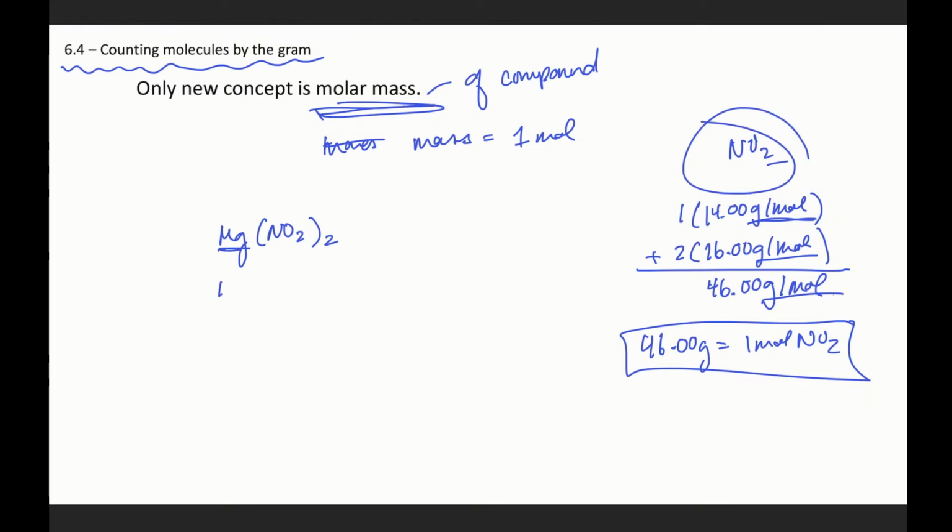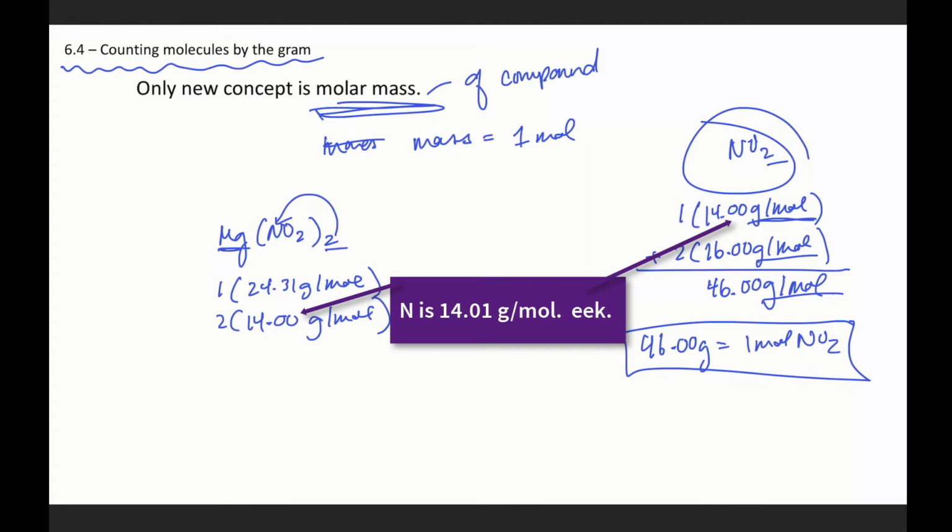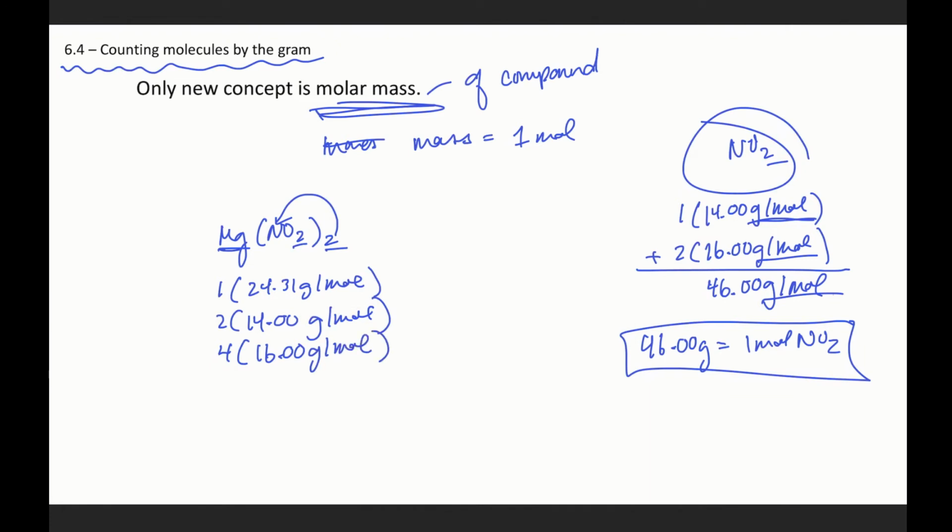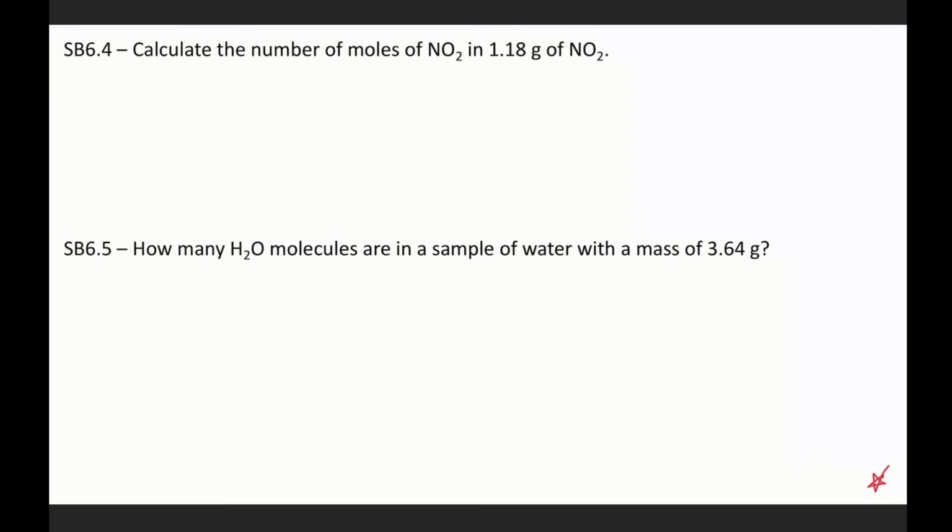So here we would have 1 magnesium at 24.31 grams per mole, and 2 nitrogen, so 2 times 14, and we would have 2 times 2, so 4 oxygen, and all of that would get summed together to give us the molar mass of magnesium nitrite. Yeah? All right.